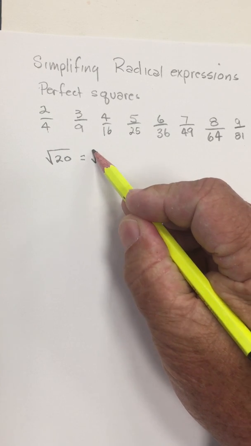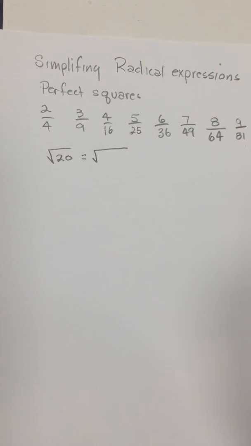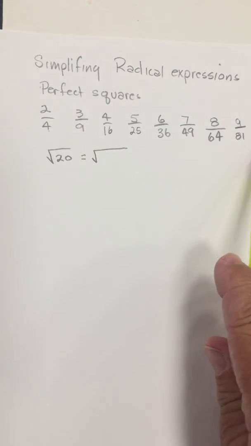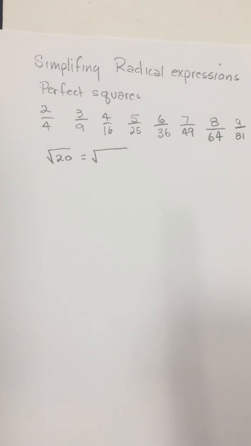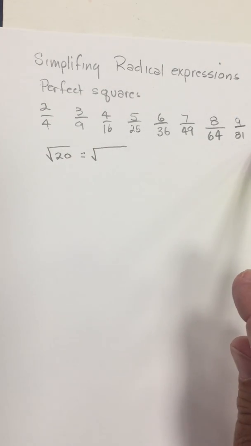So let's look at this. Let's say 20, what are two numbers that we can multiply together that equal 20, and one of them is a perfect square? Okay, so we could say 1 times 20, yes, 1 is a perfect square, but it doesn't help us very much for what we're doing now. 2 times 10, is 2 a perfect square?